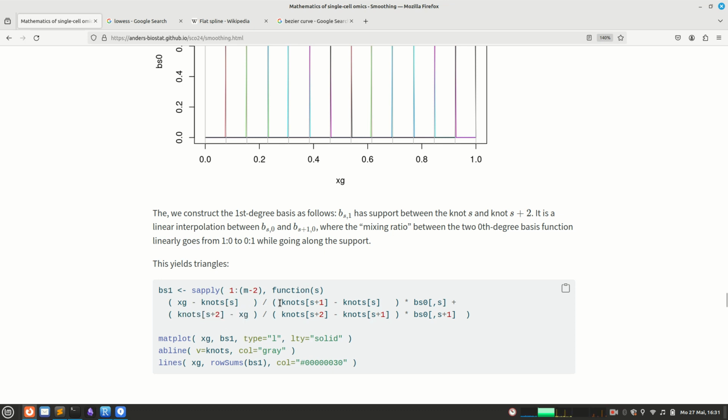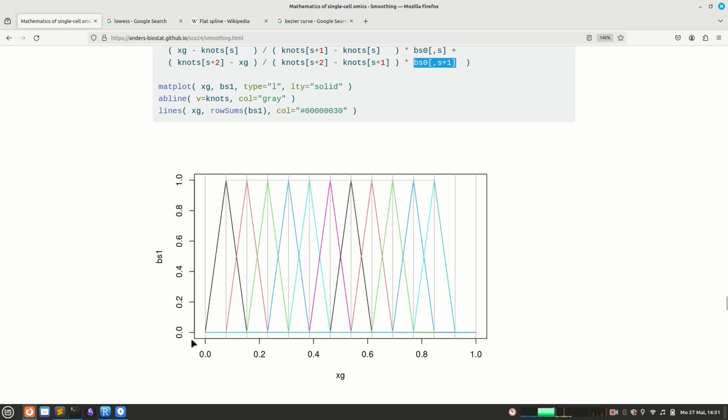And I divide this by the distance between 2 knots, so that this whole thing slowly ramps up from 0 to 1, and this thing ramps down from 1 to 0. While ramping up, I take the left spline, and while ramping down, I take the next spline. And s is always a new spline that I construct. And that way I get this triangle.